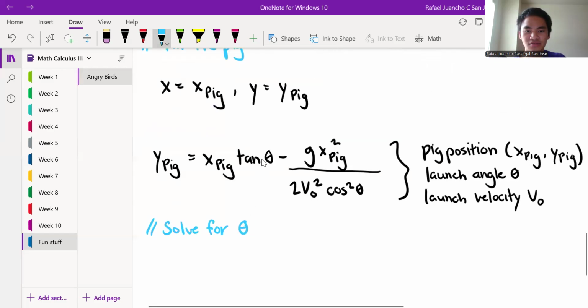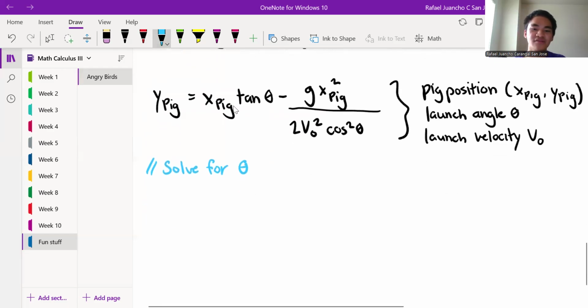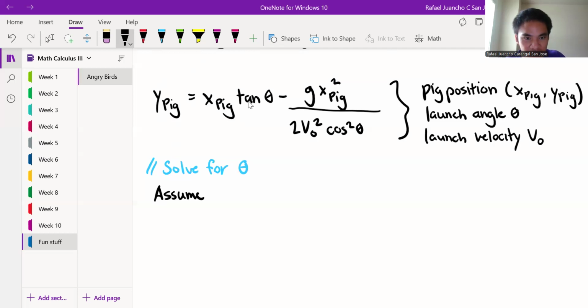So based on this trajectory equation, I'm just gonna isolate everything in theta. That's all I'm gonna do. So I'm basically isolating theta. I'm getting a formula out of theta. But if we're solving for theta, we have to assume that x pig, y pig, and v naught are given.